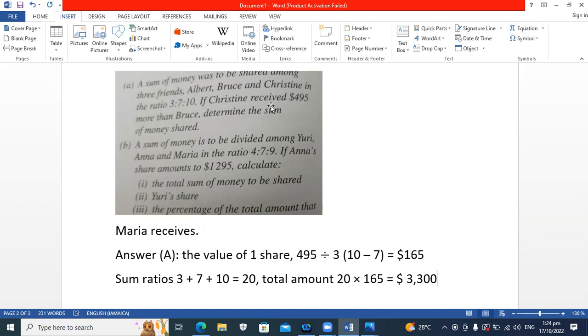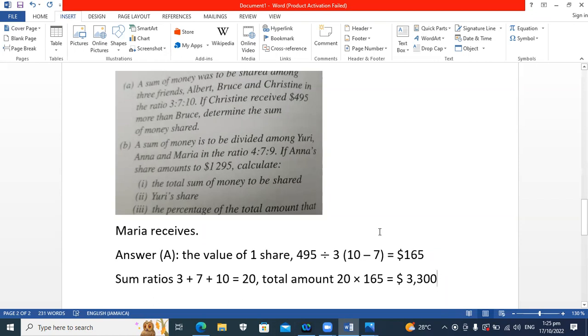So for Christine's share, would you add the 495 to the 165? No, man. Christine will get $1,650.